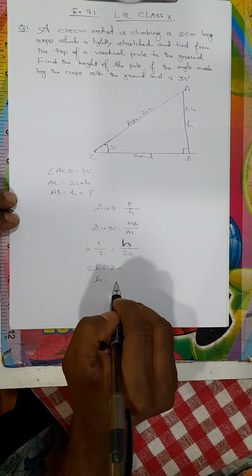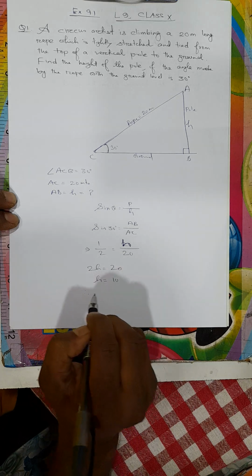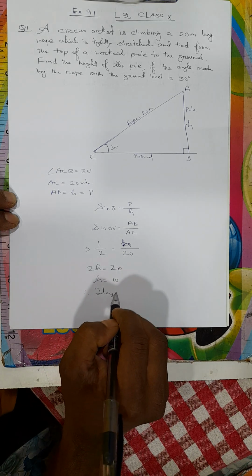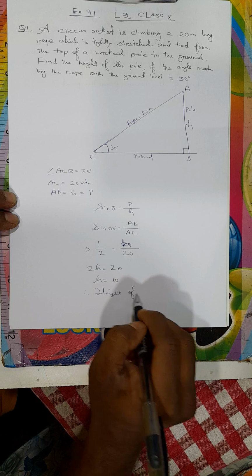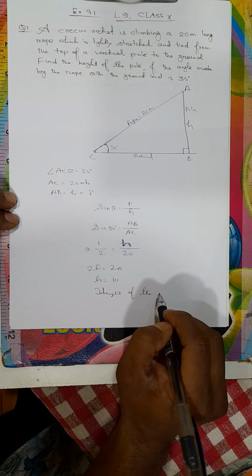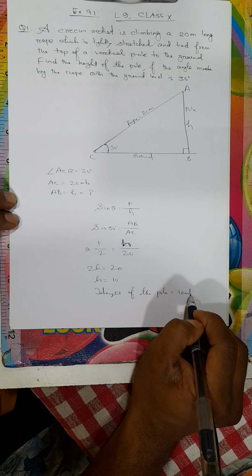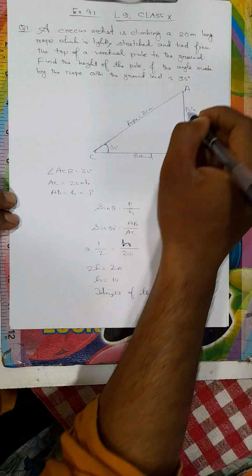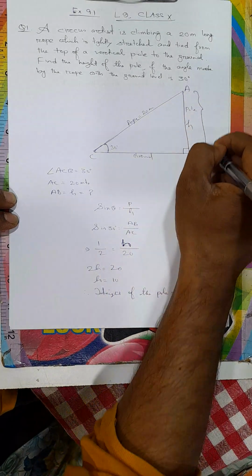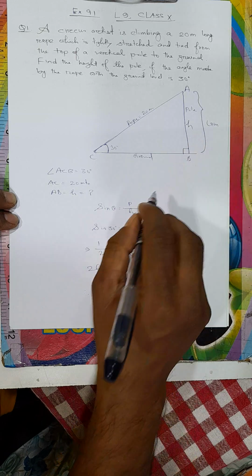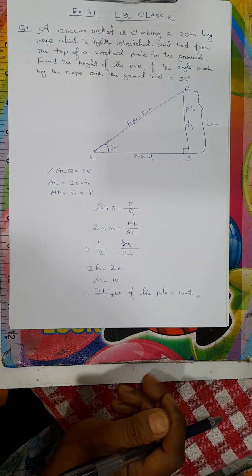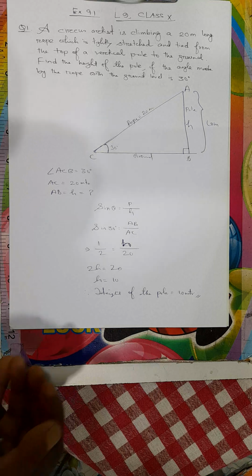So what is H? 10. Therefore height of the pole is 10 meter, right? So its height is 10 meter from the ground level, right?